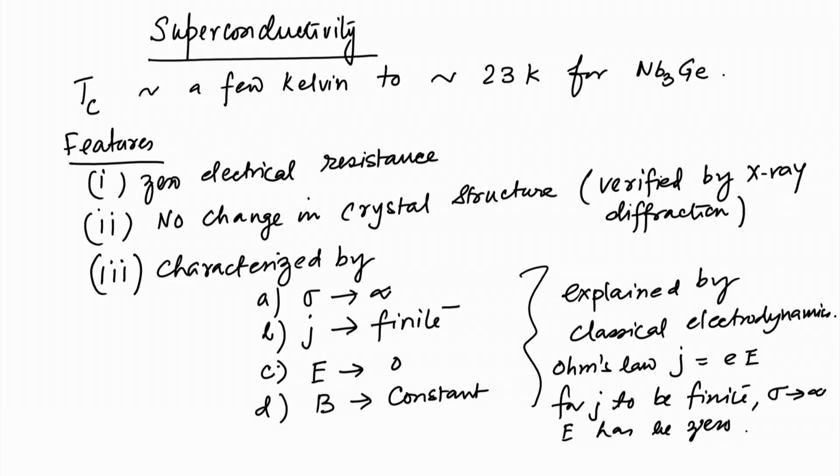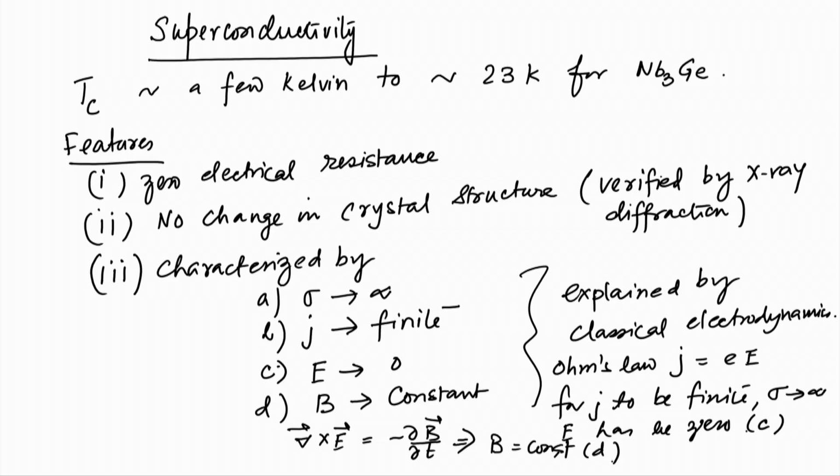So, this is condition C. And also curl of E equals minus del B by del t, that gives you B to be constant. This is number D. So, these are some of the features of the superconducting state.